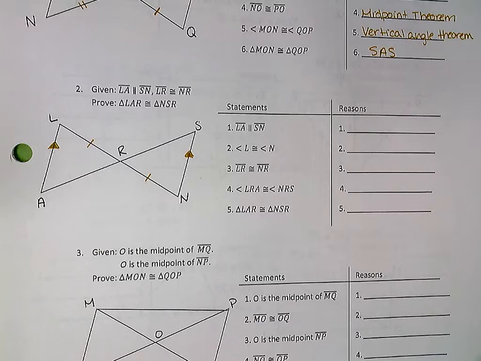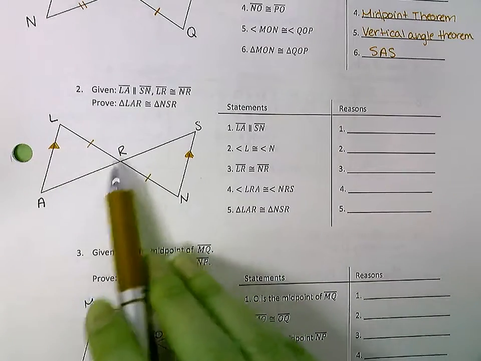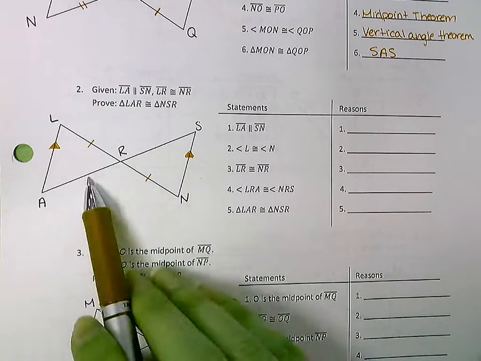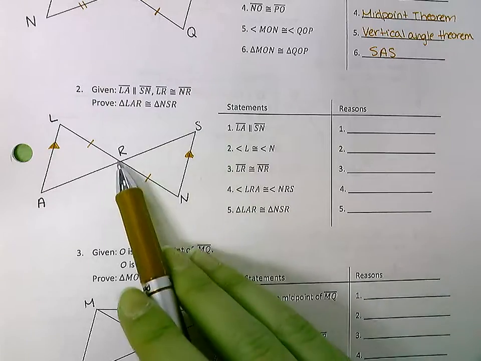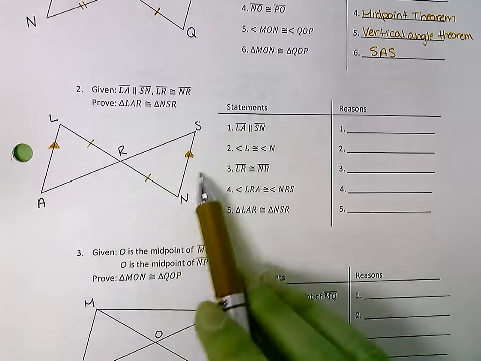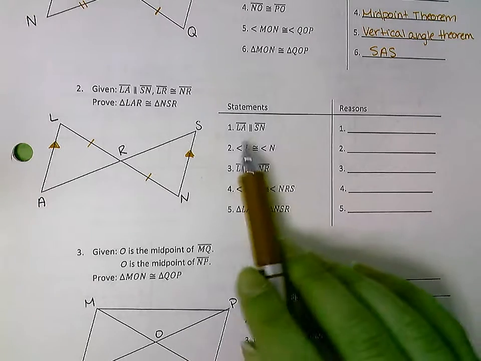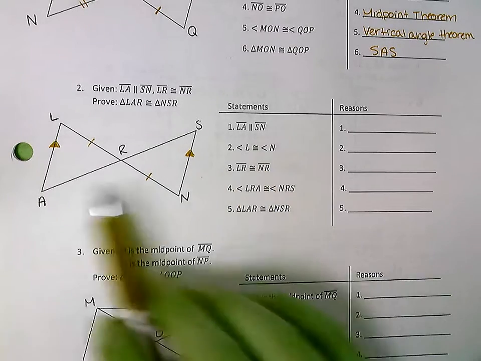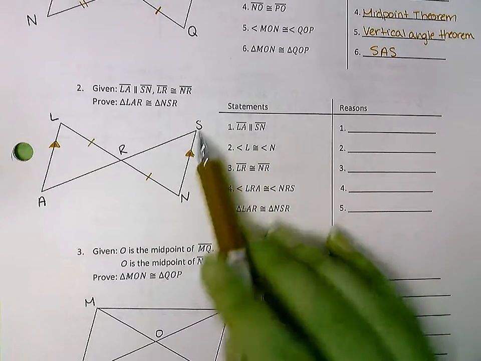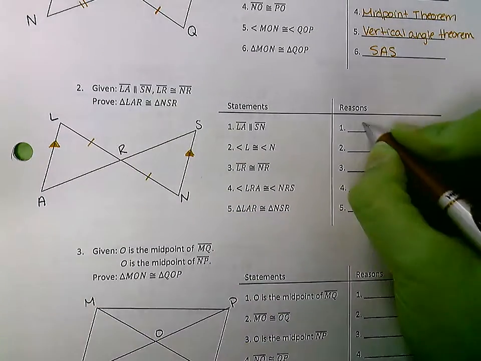And we want to prove that triangle LAR, so this triangle here, is congruent to triangle NSR, so this triangle here. Okay? So starting with my first statement, I have segment LA parallel to segment SN. Well, that was one of the things I was given.